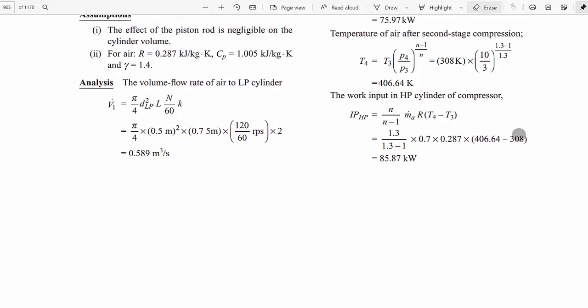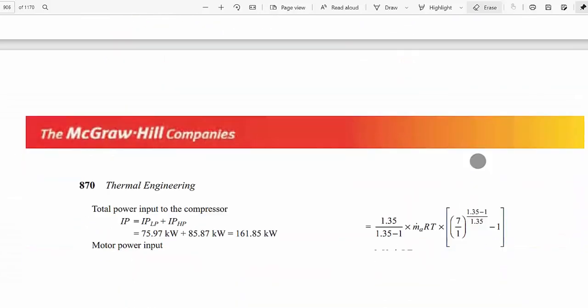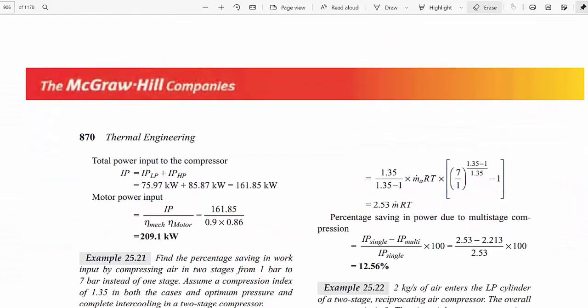Next, total power input to the compressor is equal to indicated power of LP plus indicated power of HP. Then we will get 161.85 kilowatts. Then motor power input is equal to indicated power divided by compressor efficiency and motor efficiency. Here they are directly finding the motor power, but I can also calculate step by step.